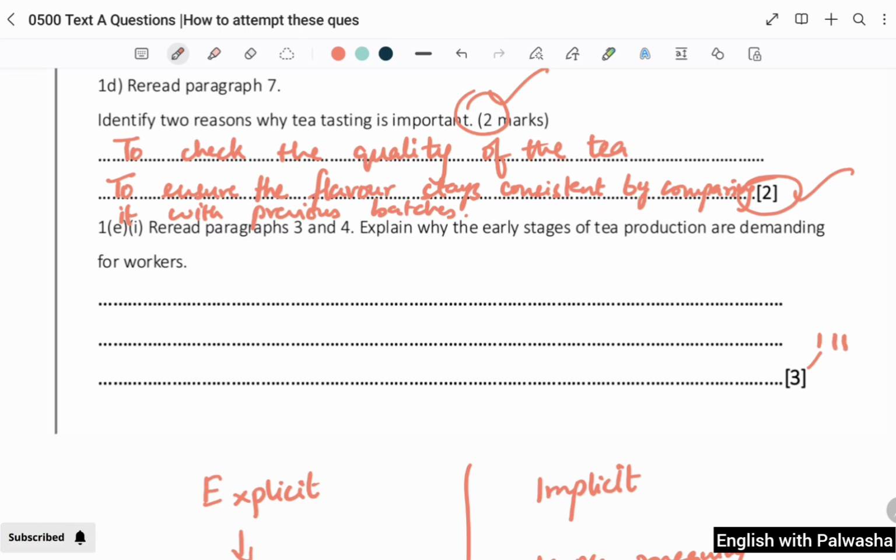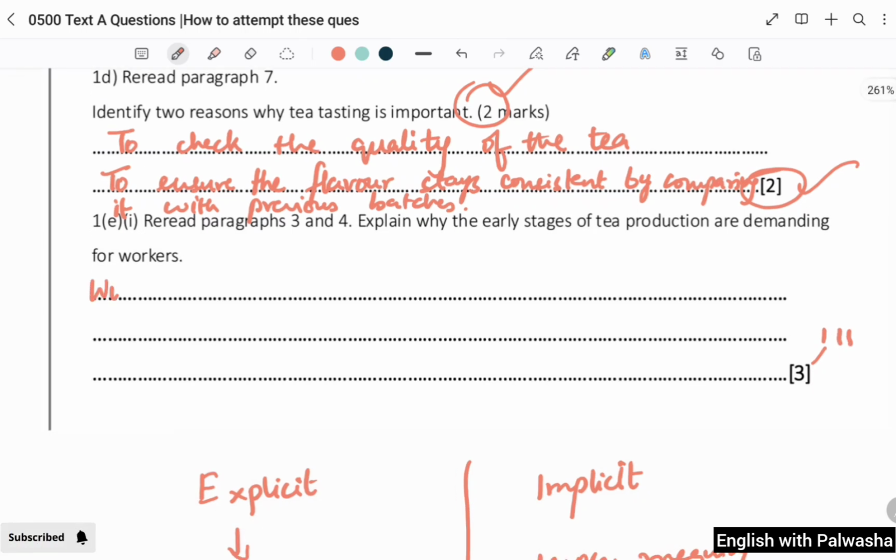Okay, let's start writing. The first point is workers must walk long distances between rows of bushes.